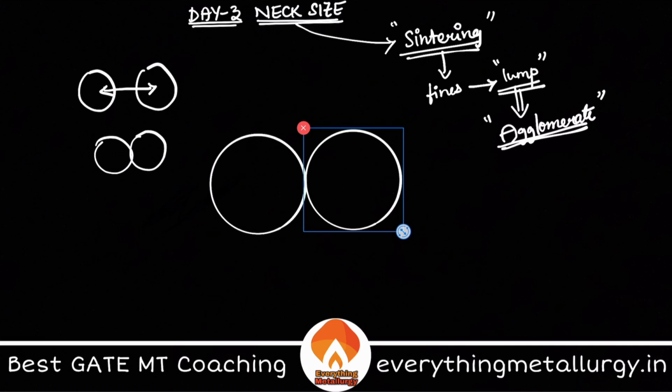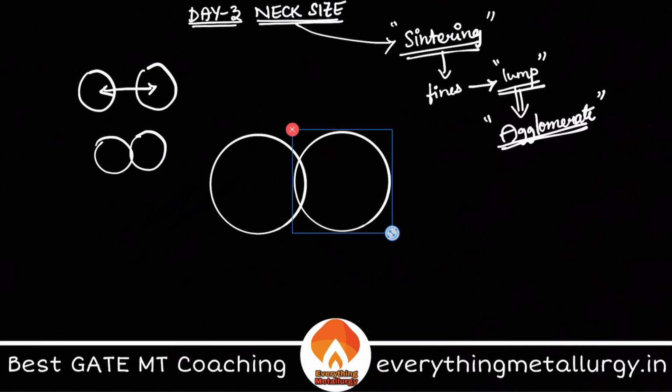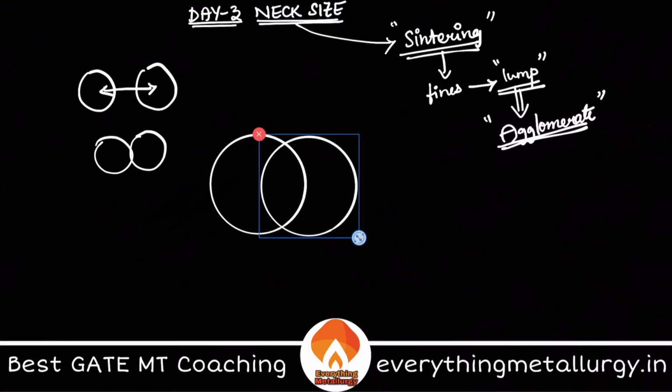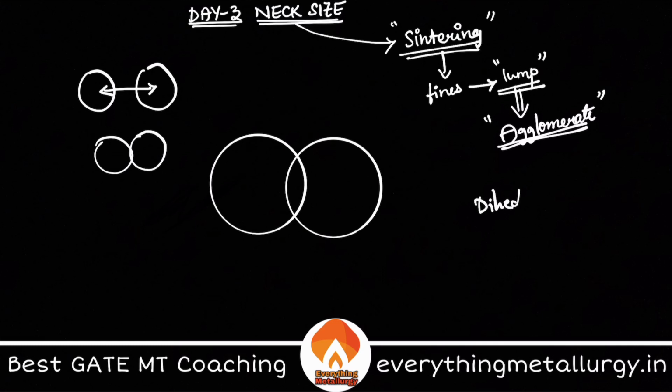But how much is this size? Whether it should stop here, go like this, or join like this, there were different possibilities, and this is governed by something called the dihedral angle. At this particular dihedral angle, these 2 particles will be joining.